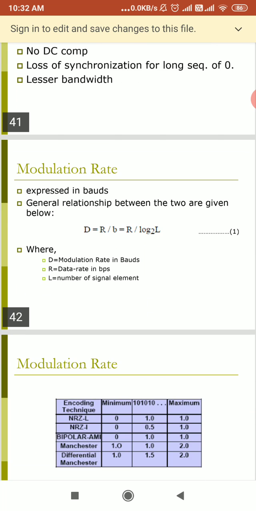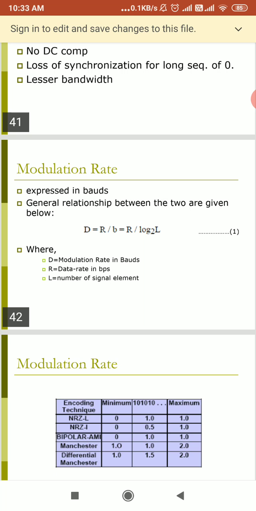If we are supposed to calculate the modulation rate, it can be expressed as a baud rate. Modulation rate we denote by the letter D. So D equals R by b, where D is the modulation rate, R is the data rate measured in bits per second, bps, and L is the number of signal elements.